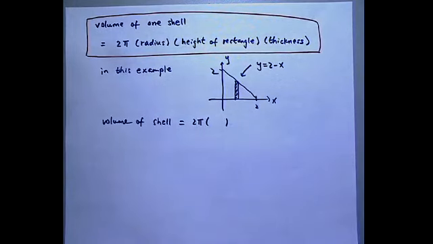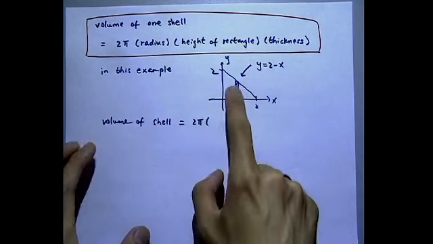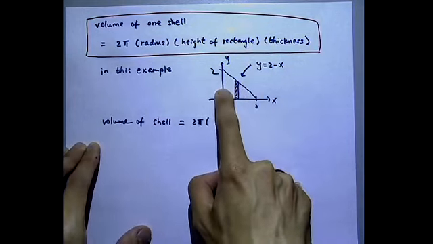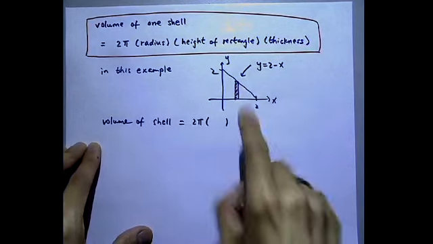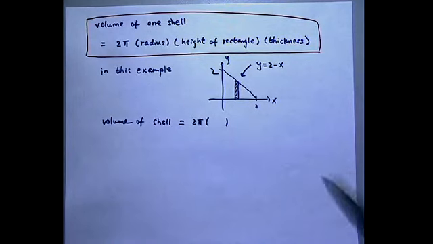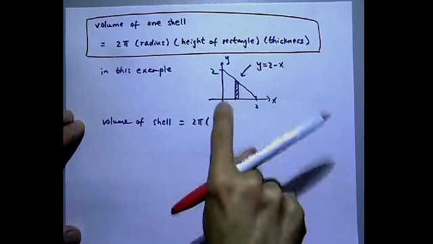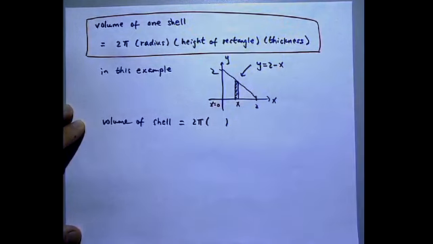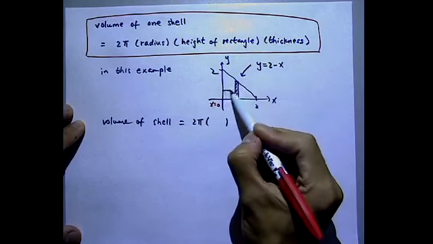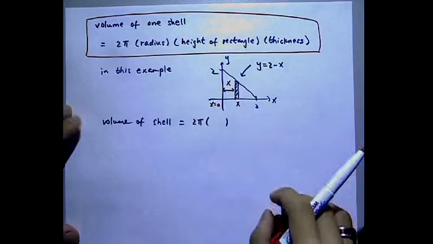The first thing we encounter is the radius. Radius, remember, is the radius from the center, from the axis of revolution to the rectangle, because that's how we get our hoop out of it. So how would you express the radius in this example? X, good. And why is it x? Yeah, that's the distance from, so here is x is equal to 0, and I'm putting the rectangle at some arbitrary x of my choice. So obviously, between 0 and x, we have a distance of x.